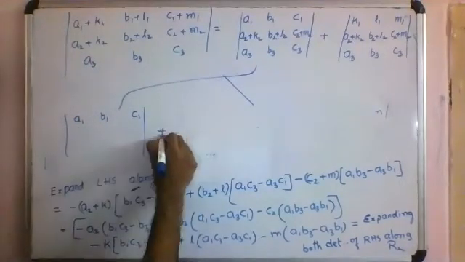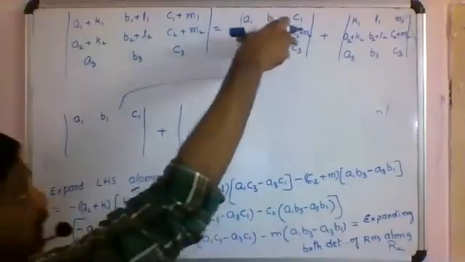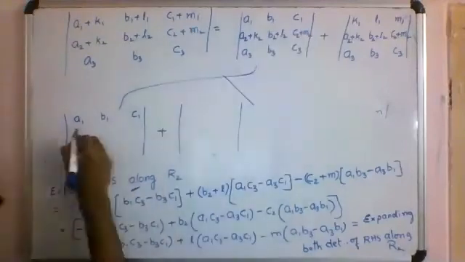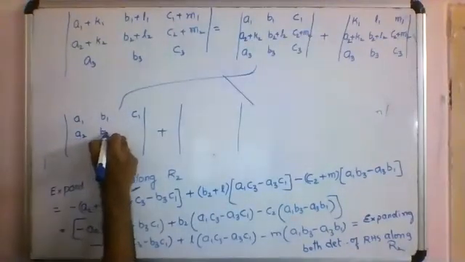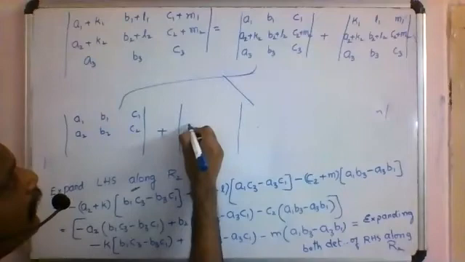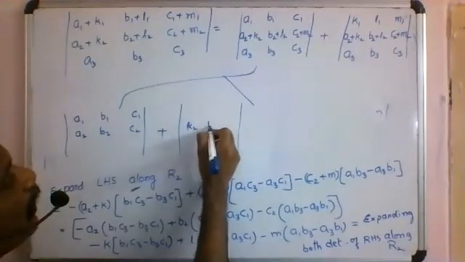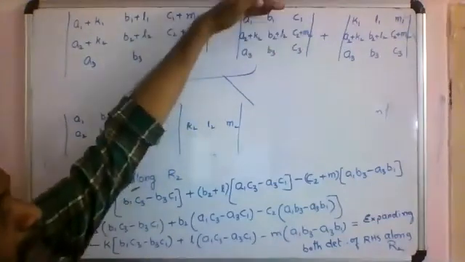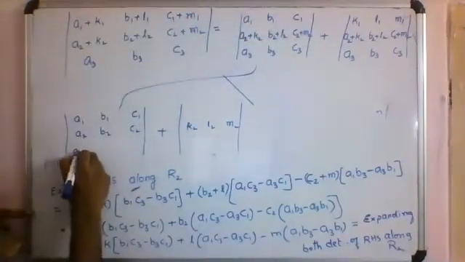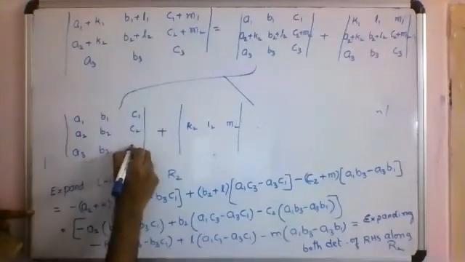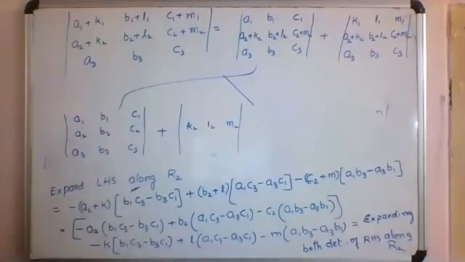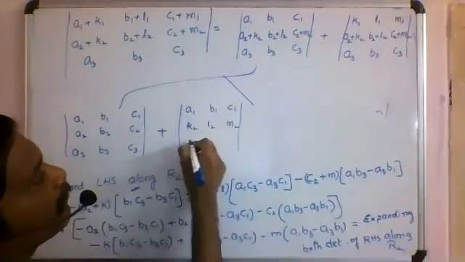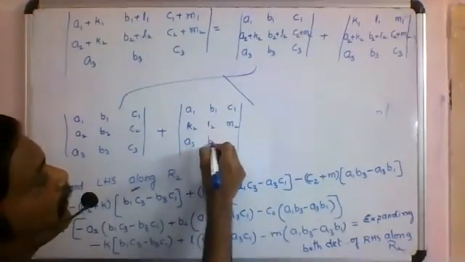For this alone, we got 2 determinants. And here A2, B2, C2 in first determinant, and here K2, L2, M2. Only this is being split now. Remaining elements remain same, so here A3, B3, C3. Here also, first and third row elements remain same.